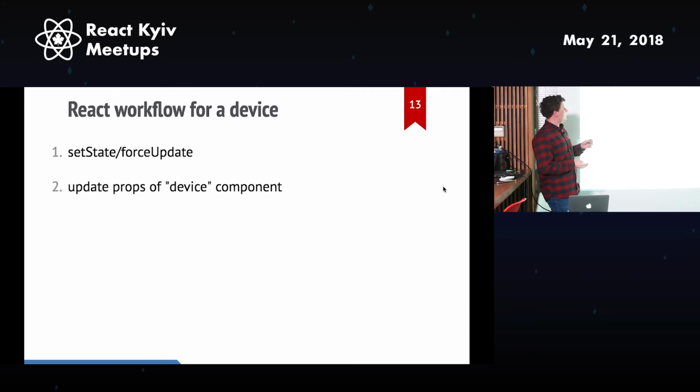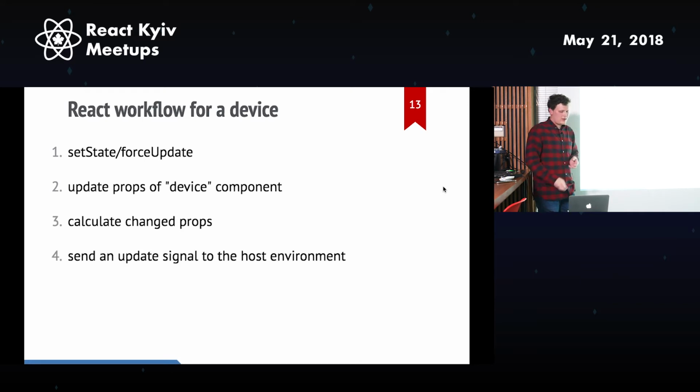But if you render something to a device, you could have some device component. It will have some props, right? And after the rendering, between the cycles, you need to calculate what's changed. So you calculate the difference in the props, and at the end, you just send the signal to the host environment, to the real device: please update this parameter or this parameter, whatever changed. The flow is pretty simple.